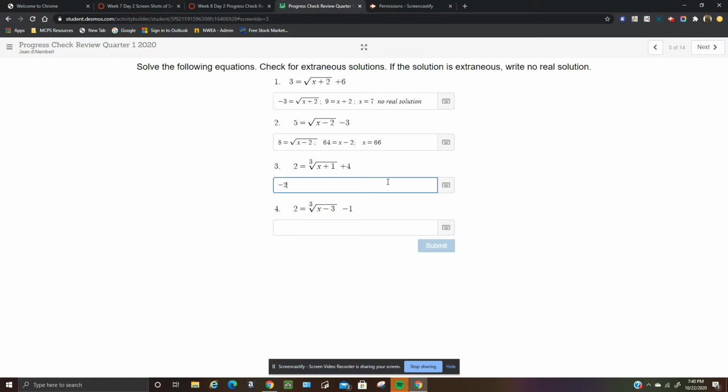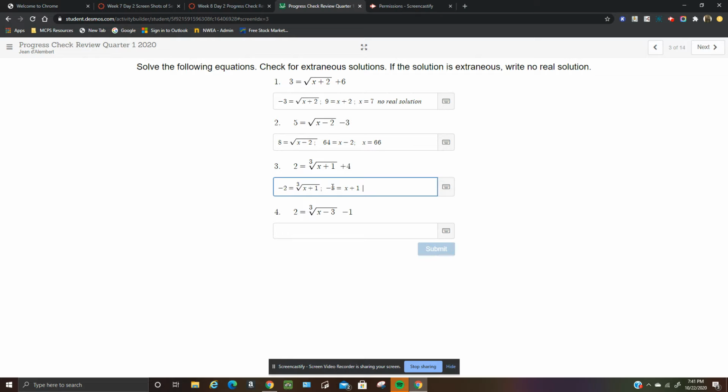Negative 2 equal cube root of x plus 1. That's the first step. Second step, cube both sides, so negative 8 equal x plus 1.